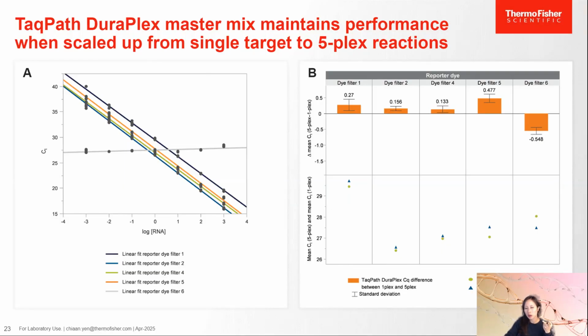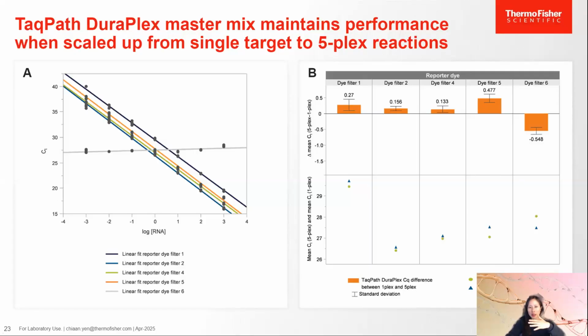Dye filters 1, 2, 4, and 5 are from the same template, RNA. And the line going straight across with the same CQ is not diluted, so I kept that template input constant. I believe that's an IPC that we used there.